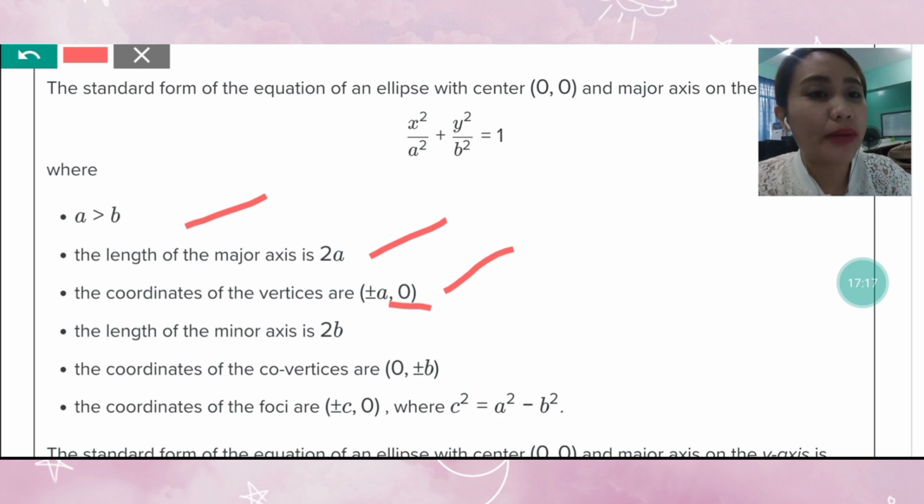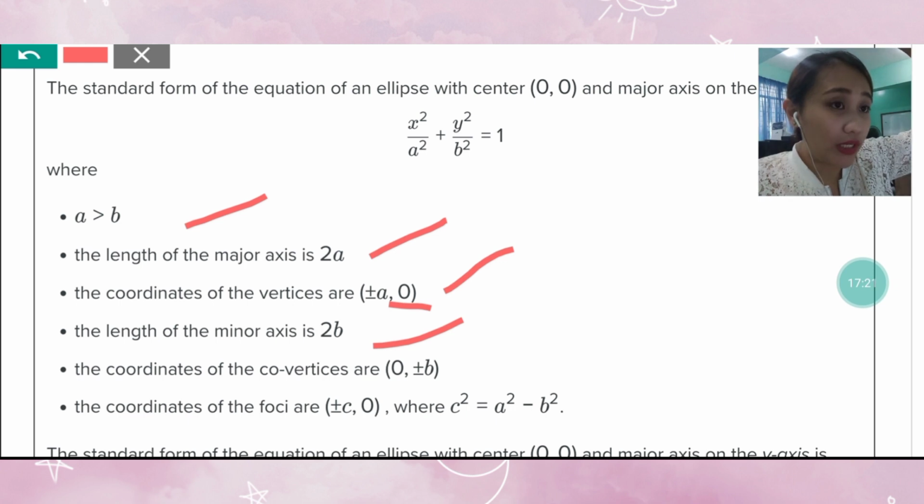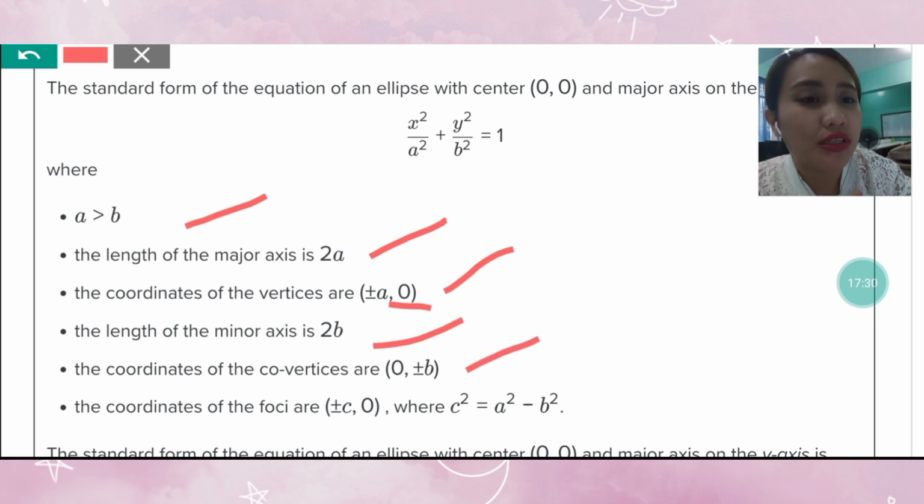The length of the minor axis is 2b. Going up, that's b units. Going down, that's b units. If we add that all up, again, that's 2b. The coordinates of the co-vertices are 0, positive, negative b. The x-coordinate is 0 because the points lie on the y-axis. Positive b going up, since those are positive values.